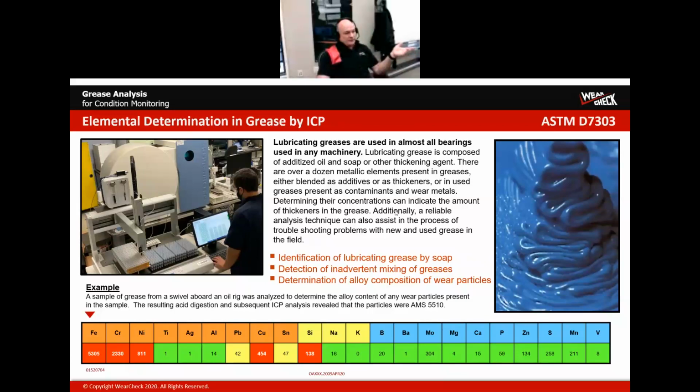As a result, we can actually ratio out the different ferrous alloy content and run it against our internal alloy database. And in this case, not only could we determine that there was excessive wear occurring in this system, but we could actually detect that it was AMS 5510 that was the component that was wearing. Obviously this information is very helpful to engineering reliability groups to try and pinpoint where something's going wrong.